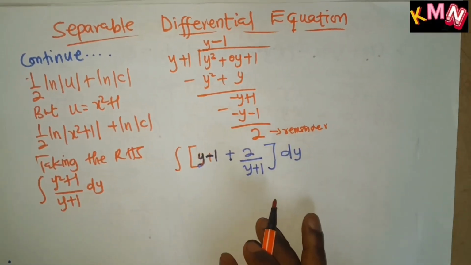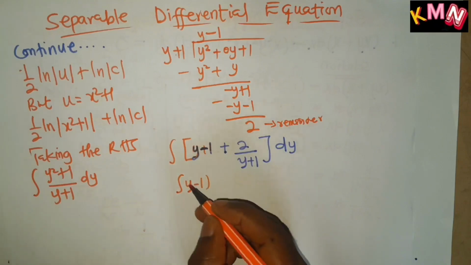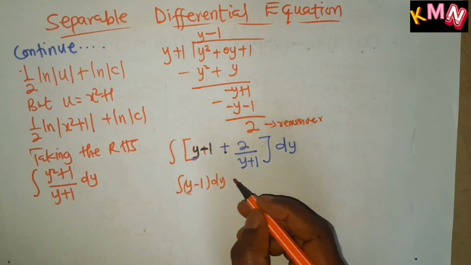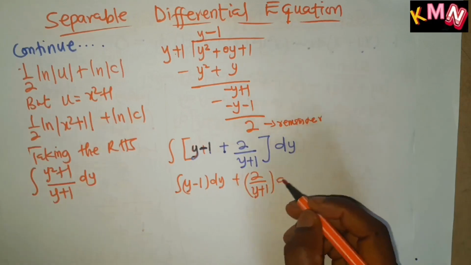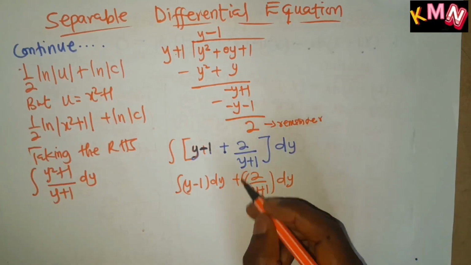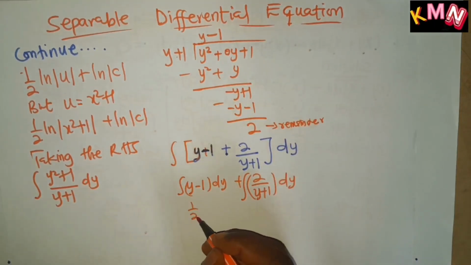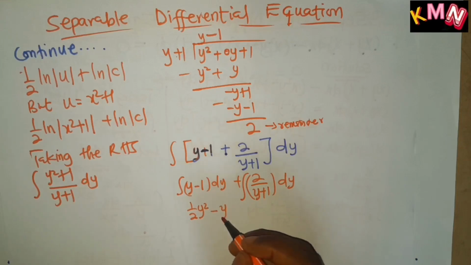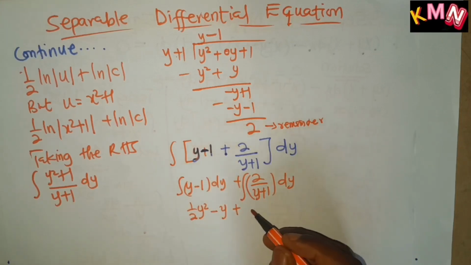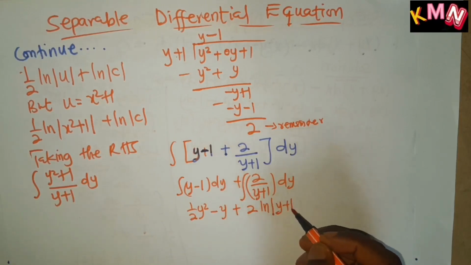We can integrate now. We are going to have the integral of y minus 1 dy plus 2 on y plus 1 dy. So when we integrate this, we're going to have y squared on 2 minus y plus 2 ln of y plus 1.